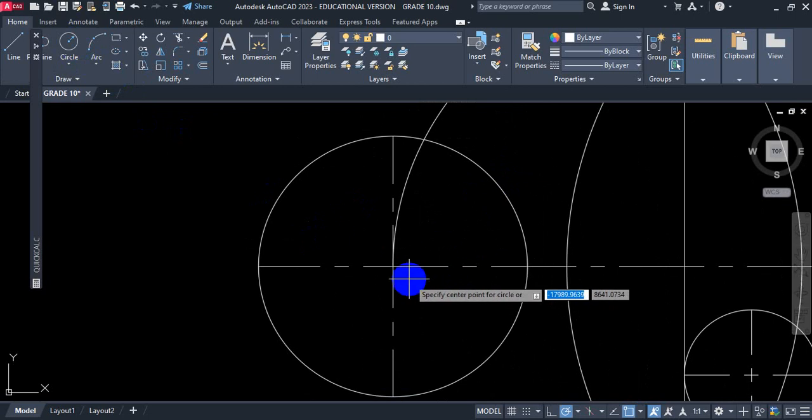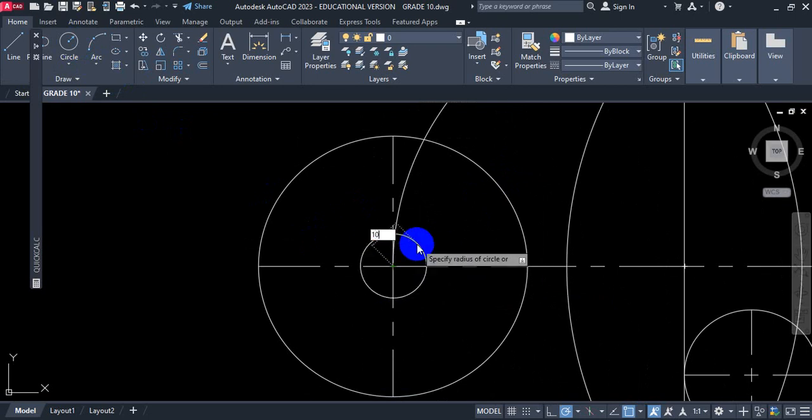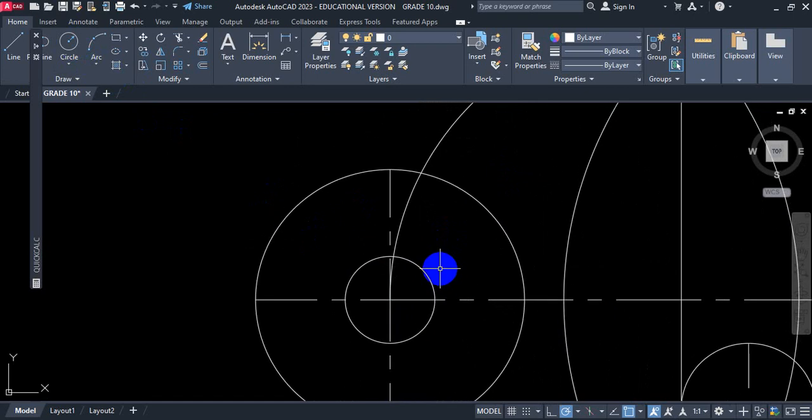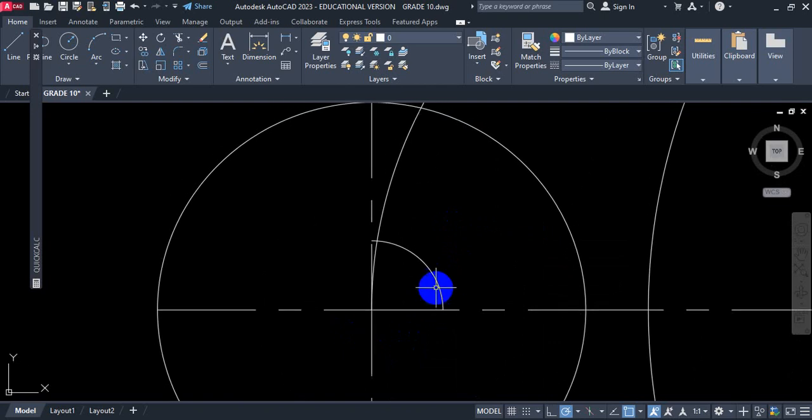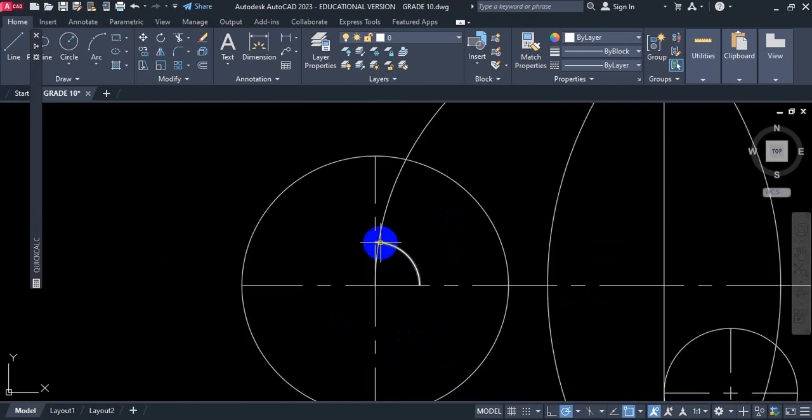We will then place our compass on the bigger circle and draw a circle of radius 10. Mind you, our concern is not on this full circle, but we want to make sure that it touches the semicircle.